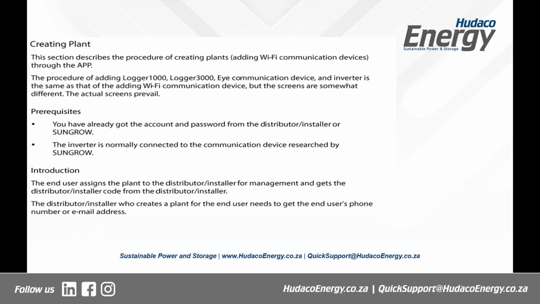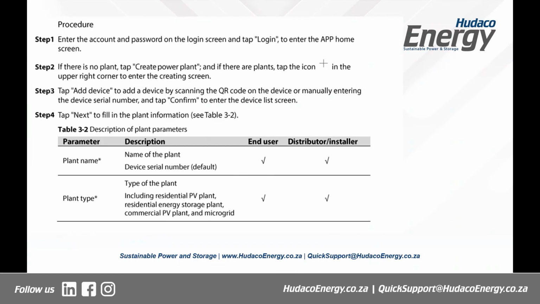Then the distributor or installer will create a plant for the end user. As an installer, you also need your end user's phone number and email address, right? Those are requirements when you're registering.